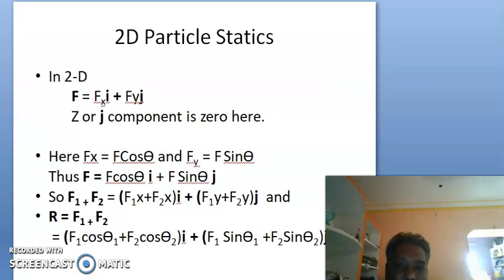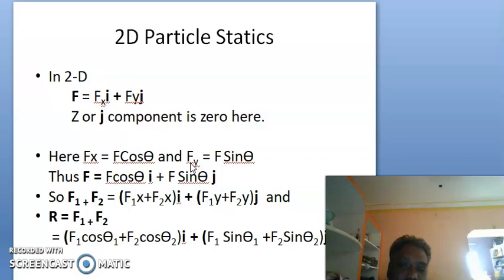So in 2D, the F vector is equal to Fx i plus Fy j, where the z-axis component, the k component, is 0 here. Here Fx is equal to F cos theta and Fy is equal to F sin theta.